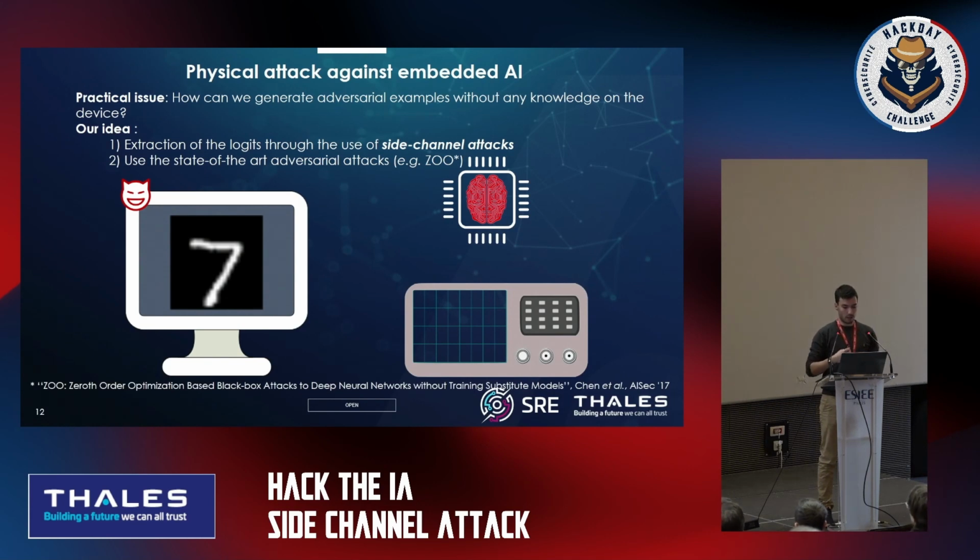Once this correlation is conducted, we are able to retrieve the sensitive information from our physical traces. Just for your information, historically, this kind of attack was introduced for targeting cryptographic implementations, and here we just move the paradigm into the artificial intelligence field.